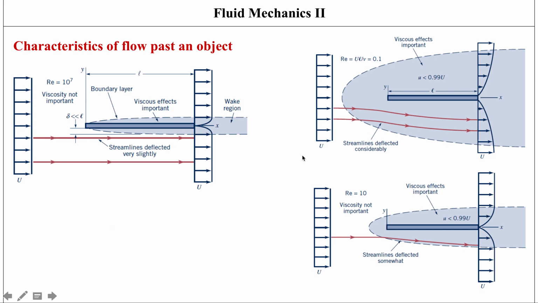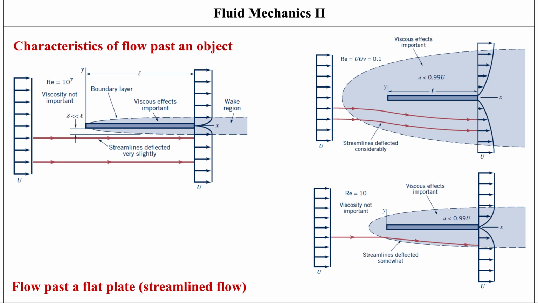Okay, so right now we've talked about these three cases, and we're talking about a streamlined flow because we're letting the flow develop, but then there are bodies which are not streamlined, right? So then obviously we need to look at those bodies as well and how the flow is going to be past those bodies. And those bodies are called blunt objects.